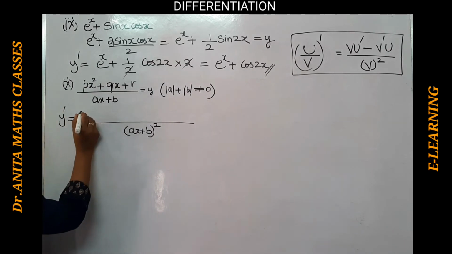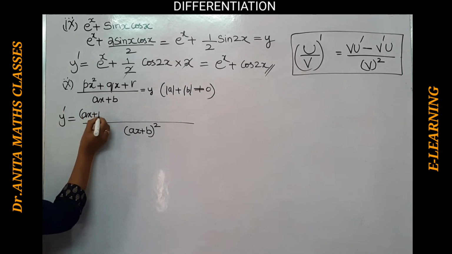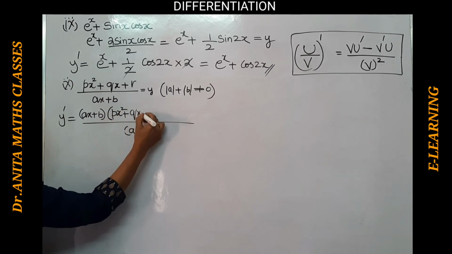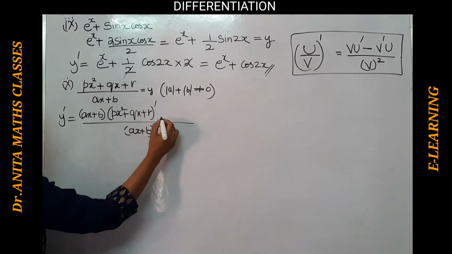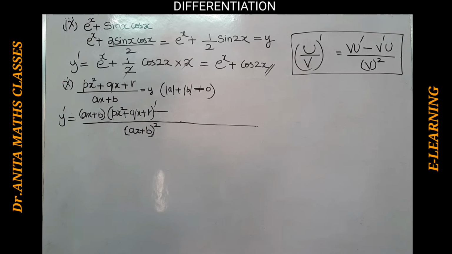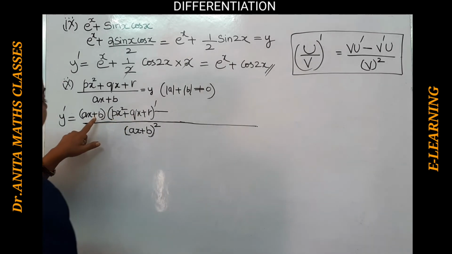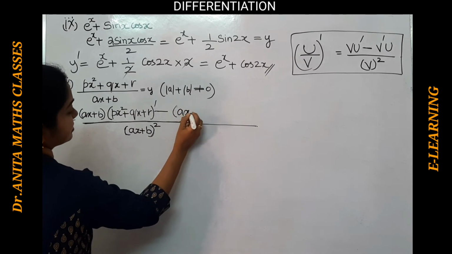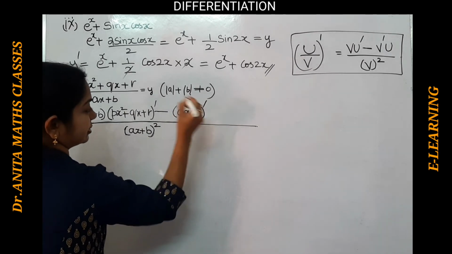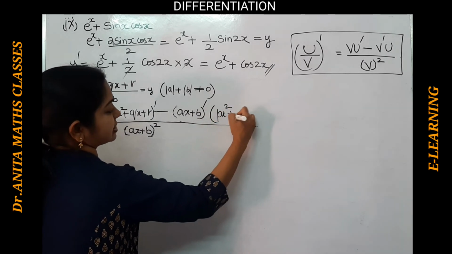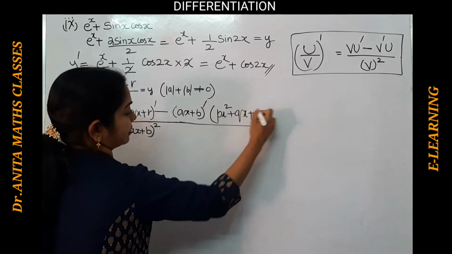Now first we have to take v into the derivative of u, minus v dash, so v u dash minus v dash u. So here v is ax plus b, and u as it is, that is px square plus qx plus r.